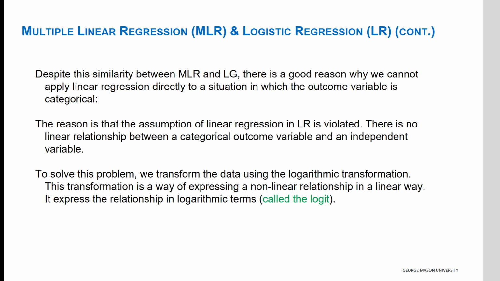There is no linear relationship between a categorical outcome variable and an independent variable. To solve this problem, we apply a logarithmic transformation to the data. This transformation is a way of expressing a nonlinear relationship in a linear way. It expresses the relationship in logarithmic terms, and that's why we call it the logit.